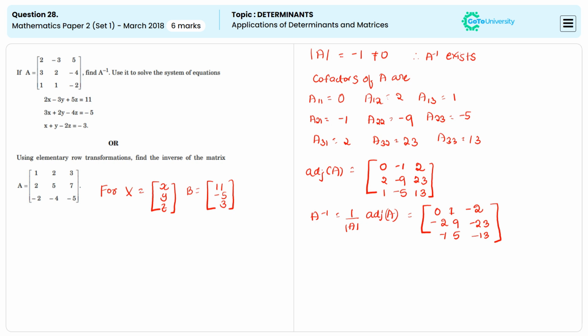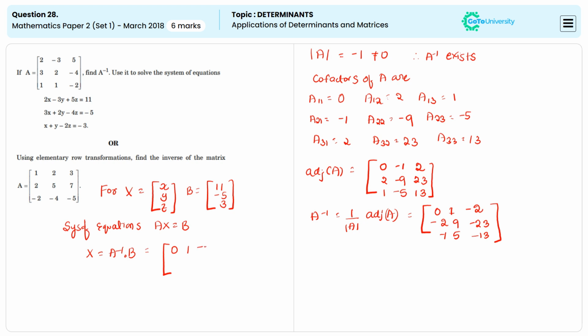And the system of equations can be written as AX is equal to B. So then the value of X will be A inverse into B, and we have found A inverse already.